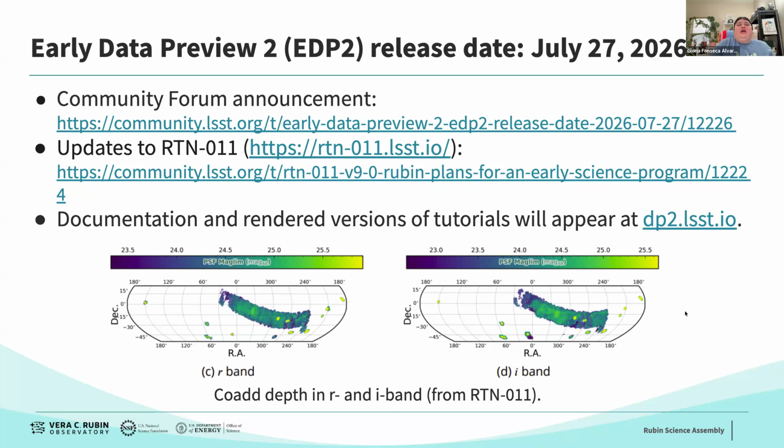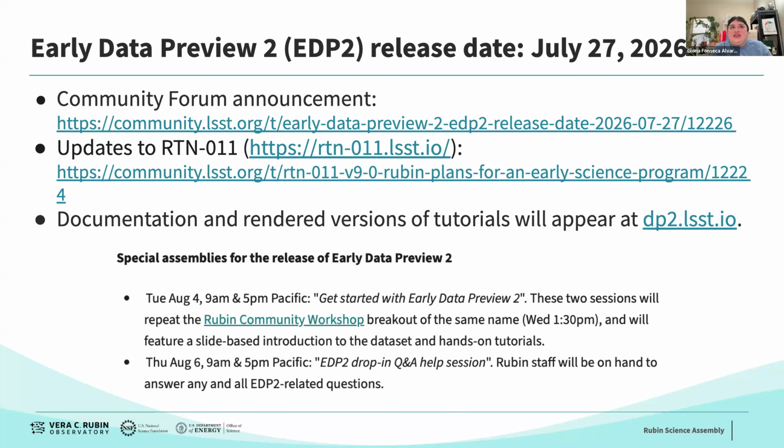We will have some special assemblies to go with this release. There'll be a session at the Rubin Community Workshop, so if you're attending, you can get started right away. After the RCW, we'll also have sessions at 9 a.m. and 5 p.m. Tuesday and Thursday, where you can get hands-on help from Rubin staff.